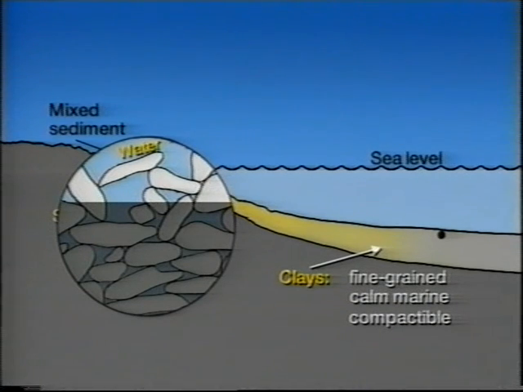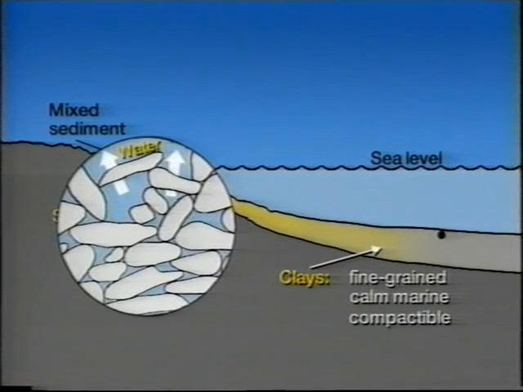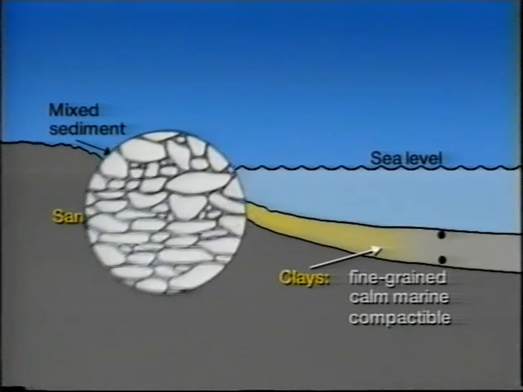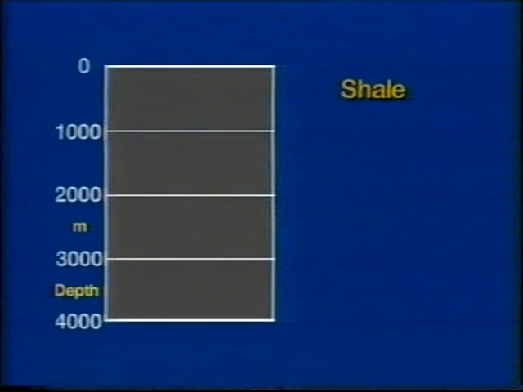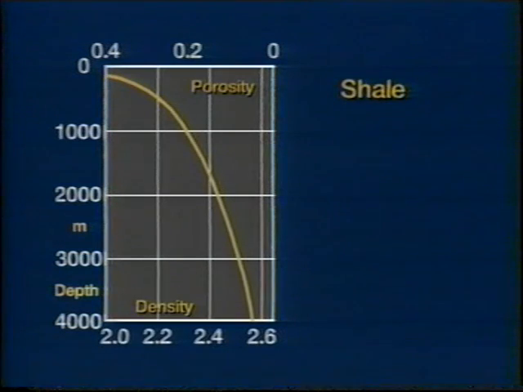Deeper, under the weight of the overburden, the grains are forced closer together. The porosity is decreased, with the excess of water squeezed back up into the sea. This process goes on until at greater depth, the rock becomes almost solid. So graphically, we can plot the decreasing porosity with depth, or, what is much the same thing, the increasing density with depth.